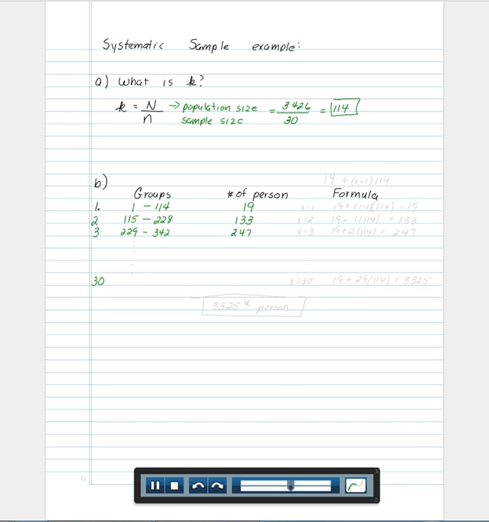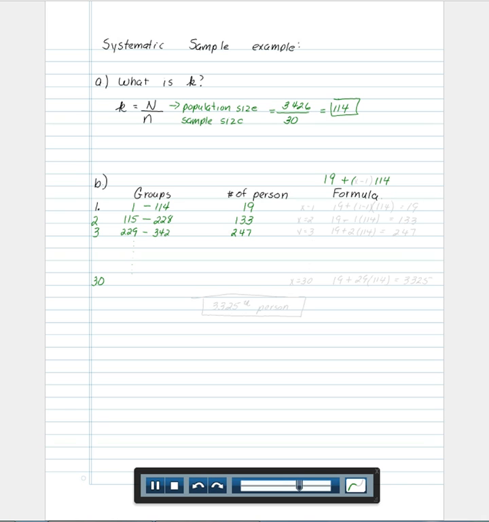Well, a nice easy way to do it would be to set up a little formula. So if we take a look at the formula that we would set up, we're going to start with 19 because that's what we're doing. And then what we're going to do is add 114. How many times? So if we add 114 the first time, for the first one, we just start there, which is one less than the group number.